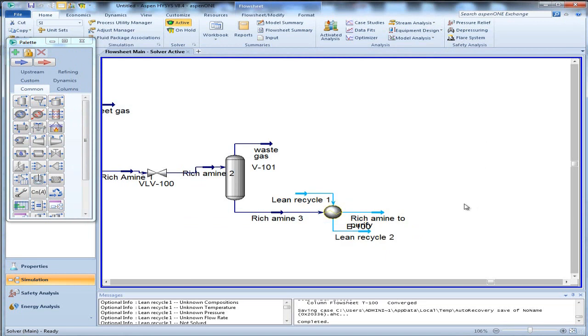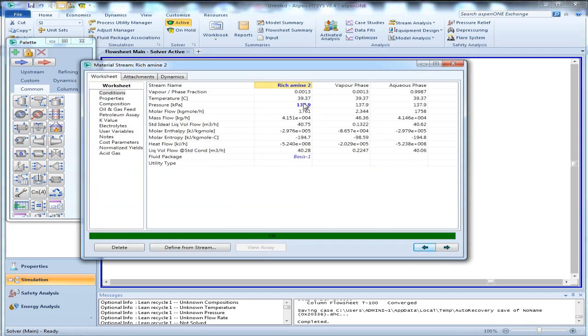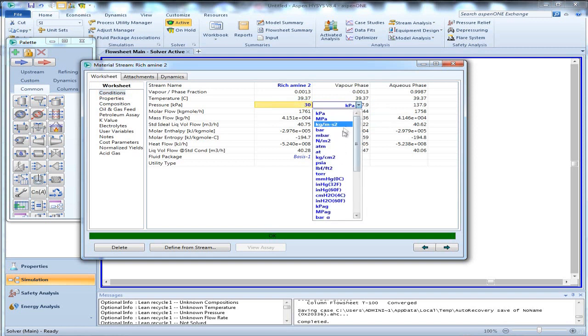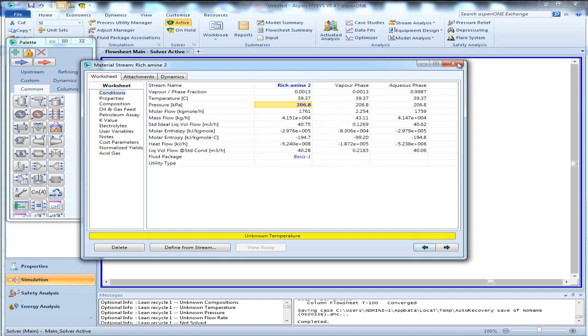Oh, I think we need to change the pressure here. It should not be at 20 psi. It should be 30 psi. So the pressure drop can take place, because we have to cope with the pressure drop inside the heat exchanger. So keep that at 30 psi.